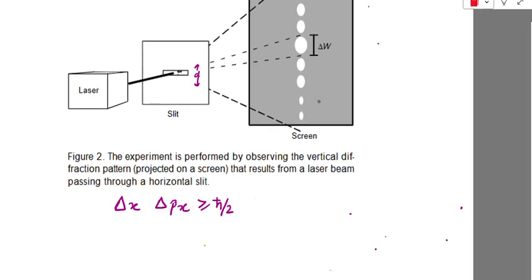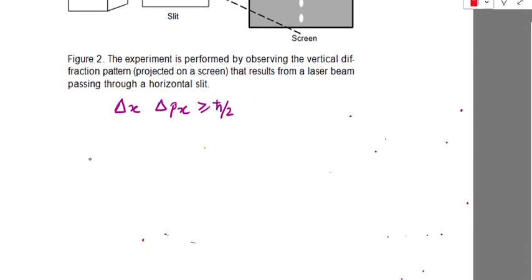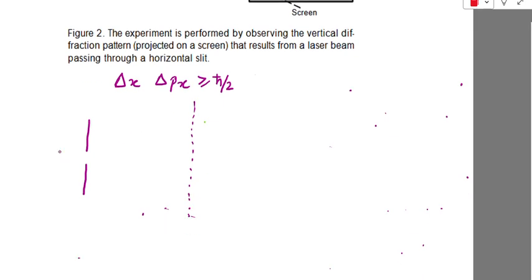Imagine you have a slit of width d, and then the screen over here. First we're going to calculate the uncertainty in position and the uncertainty in momentum.